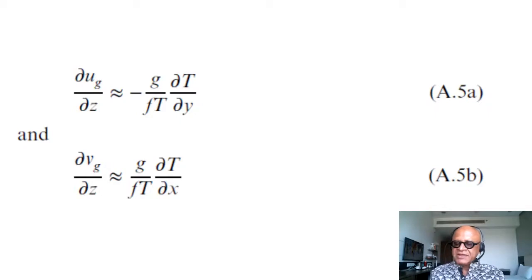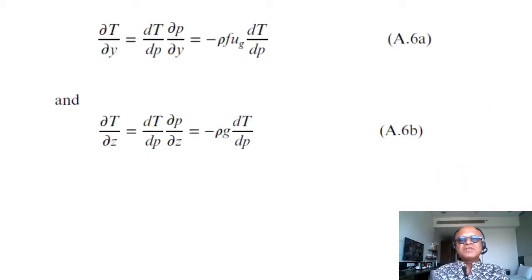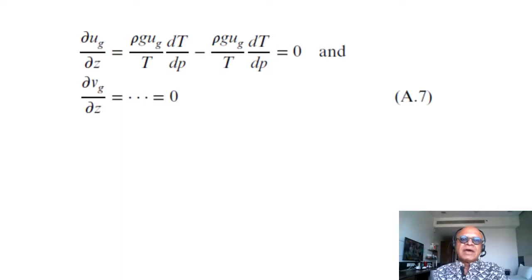Very simple, right? Obviously we skipped a few steps, but you can fill them in. So dT/dy in that case can be written in terms of the geostrophic winds and dT/dp, where we again are using pressure and temperature, because in the atmosphere that's the best coordinate to deal with, and dT/dz is written as dT/dp. We're just manipulating things back and forth.